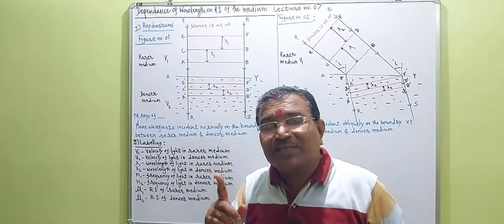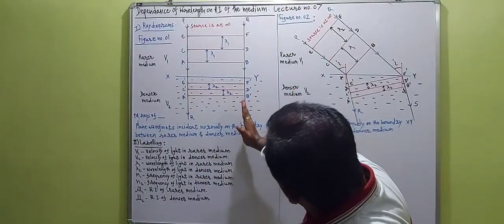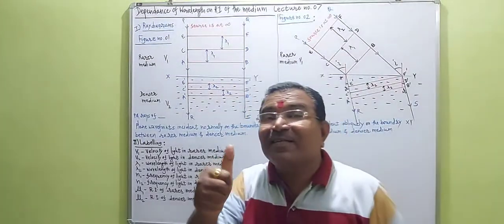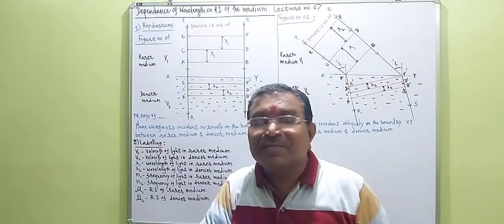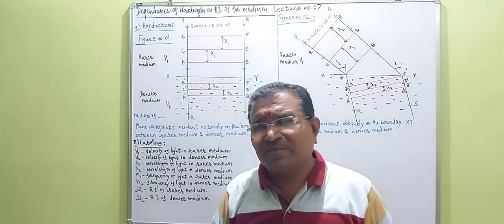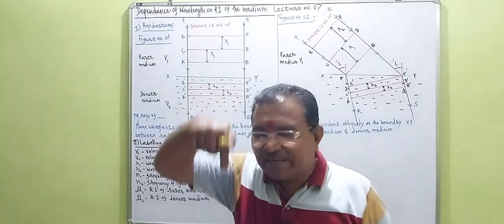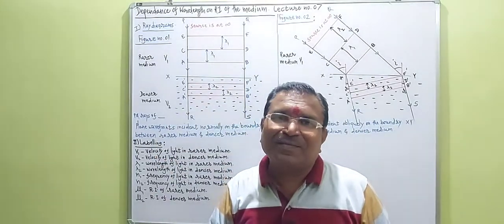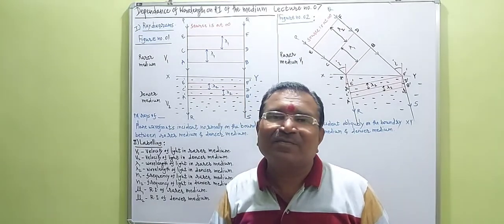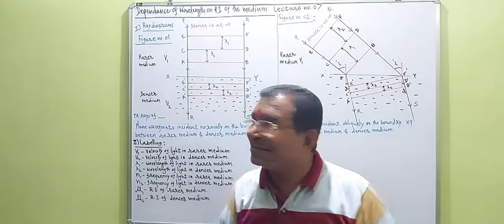Remember well dear students, when the light is incident normally, that means along the normal, such light cannot bend at the time of refraction. Most important property: when a ray of light passes along the normal, or is incident normally, during refraction the light does not bend.